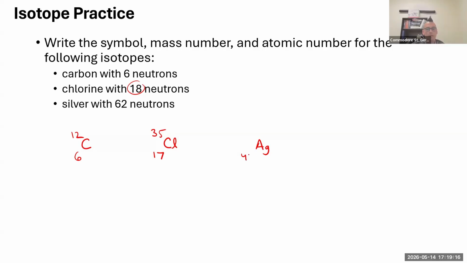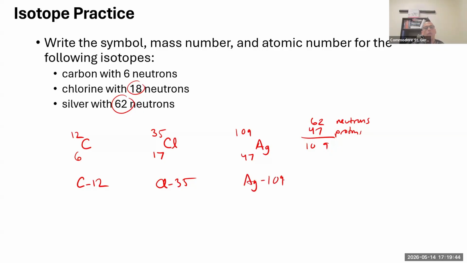It's going to be 47 protons. And we have to add that to 62. So 62 is going to be the neutrons. 47 are the protons. Add that together. That's going to be 109. You could also list these as carbon 12, chlorine 35, or silver 109.